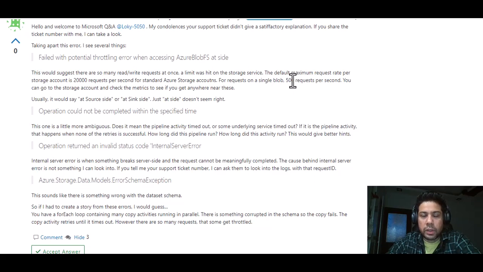Now I'm not able to comprehend this entirely, but what it means is that if you have requests coming in, if you look at the single blob versus the storage account, I think the maximum requests that can be sent per second are 500 and 20,000 respectively.